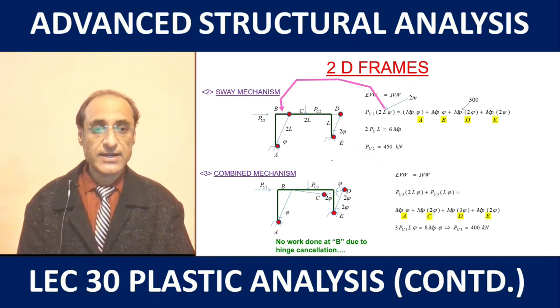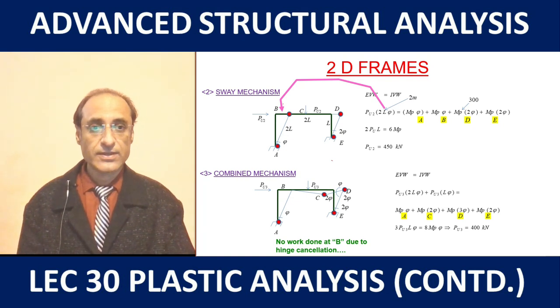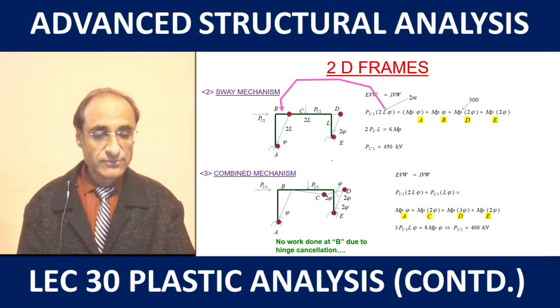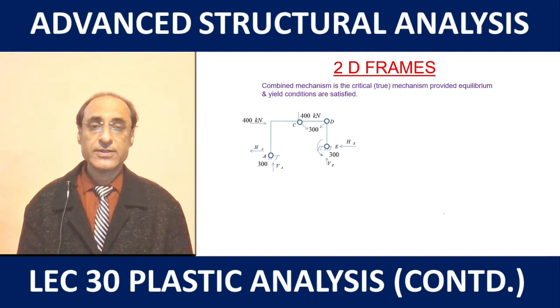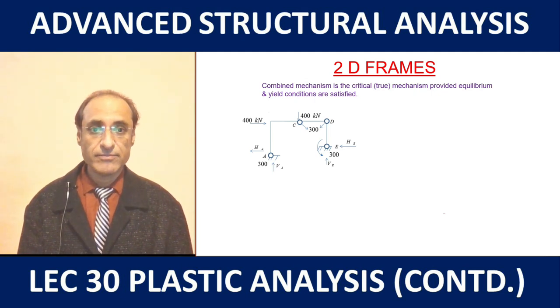What we find is that the lowest load comes for the combined mechanism, but then we must check whether it's true or not. And how do we check? We check by the yield and the equilibrium criteria. Now here, if we apply the equilibrium check, that will be a bit difficult, unlike in the case of the beams.